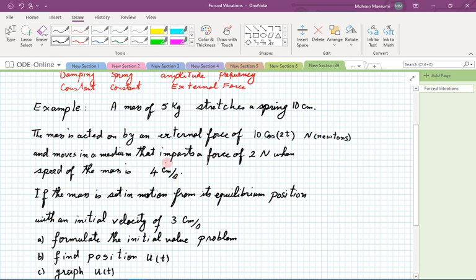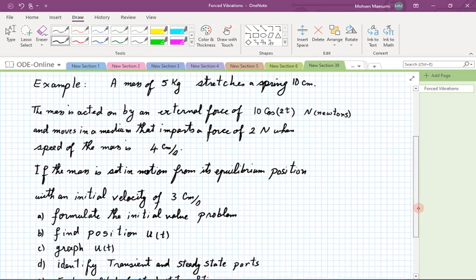This is talking about the resistance of the medium to movement. So this is talking about the drag force. The mass is set in motion from its equilibrium position with an initial velocity of 3 centimeters per second.